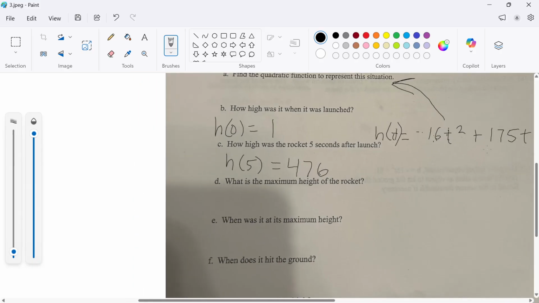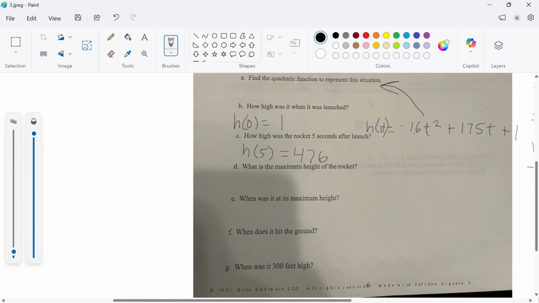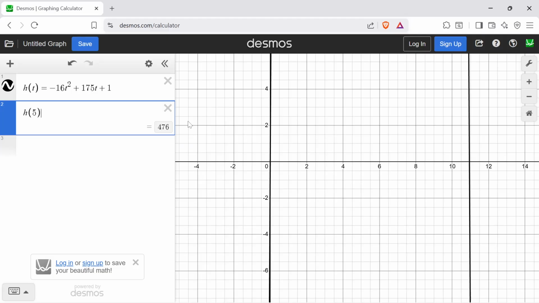What is the maximum height, and when was it? Well, I can find the when first. Remember, this is at squared plus bt plus c. The t component of the vertex is negative b, negative 175, divided by 2 times negative 16, and I have to round it to thousandths.